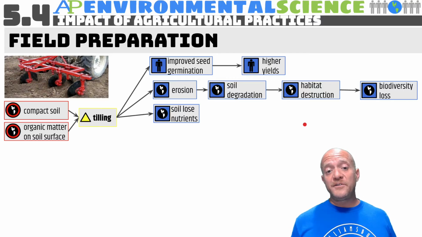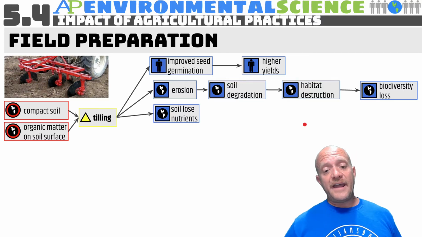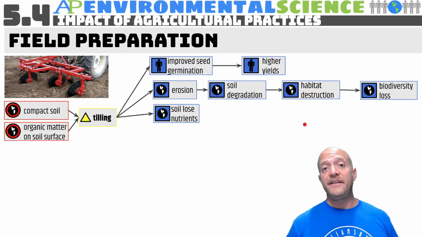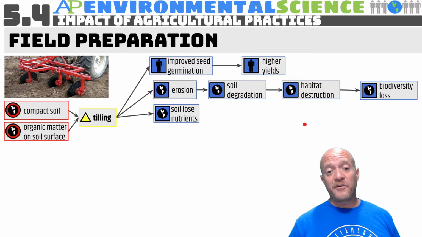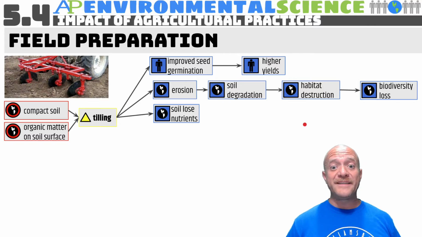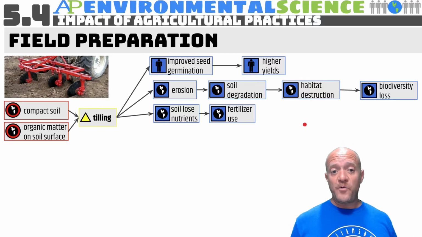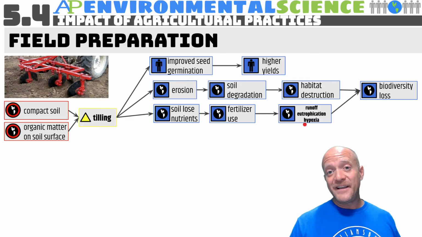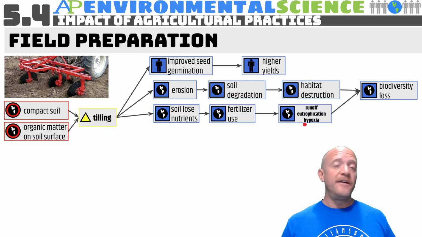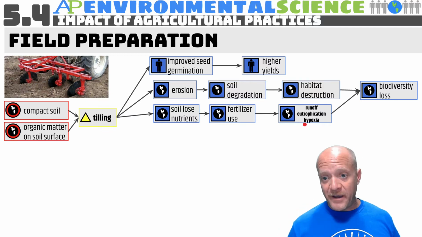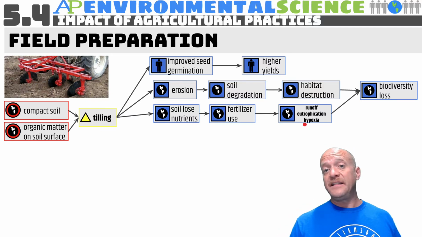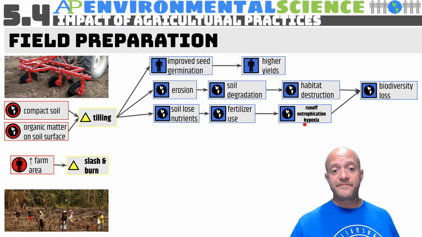The soil will also lose nutrients when you till, and it can also lose nutrients during the crop process, the growing of the crops. When this happens, you have to use more fertilizers. When you use more fertilizers, it can lead to runoff, followed by eutrophication, followed by hypoxia, which can eventually lead to biodiversity loss.